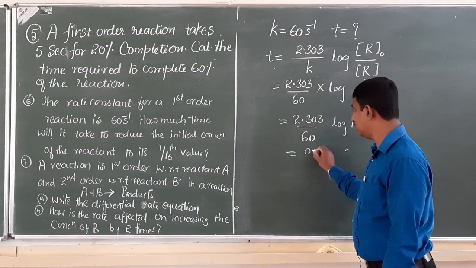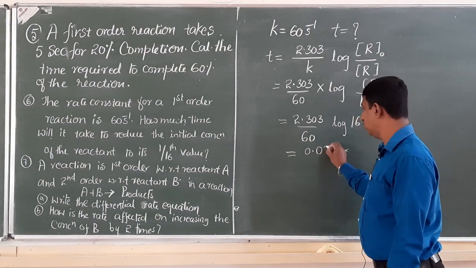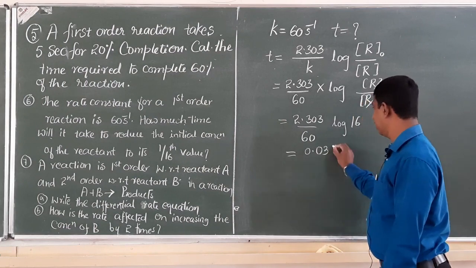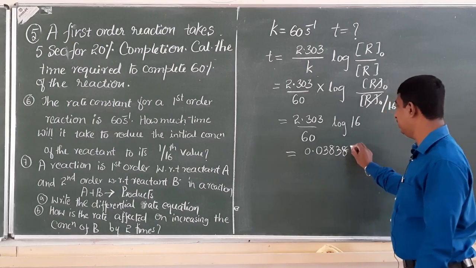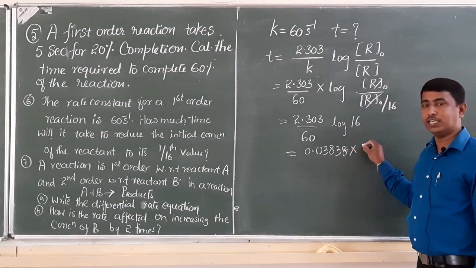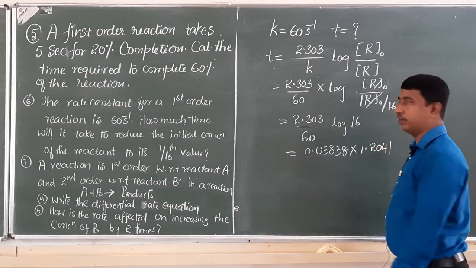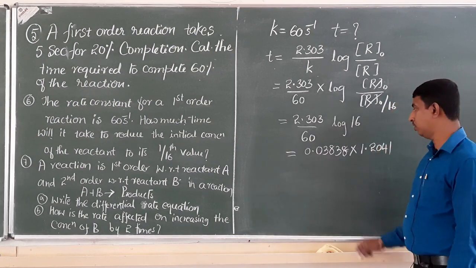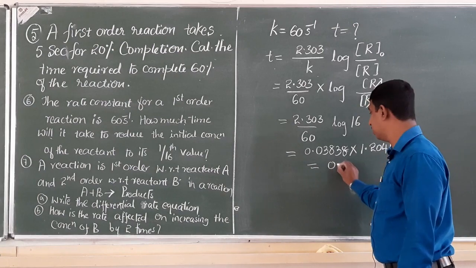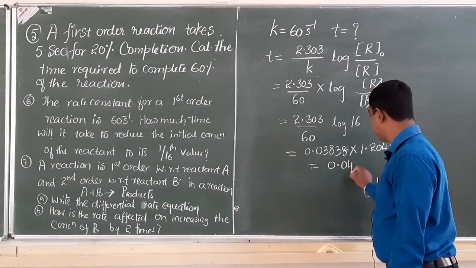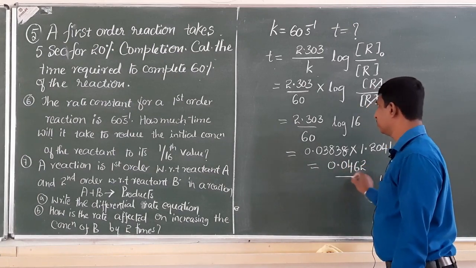2.303 by 60 is 0.0384, approximately 3.8 in the transcript. Then multiply by the value of log 16, which is 1.2041. On multiplying, we will get 0.0462.